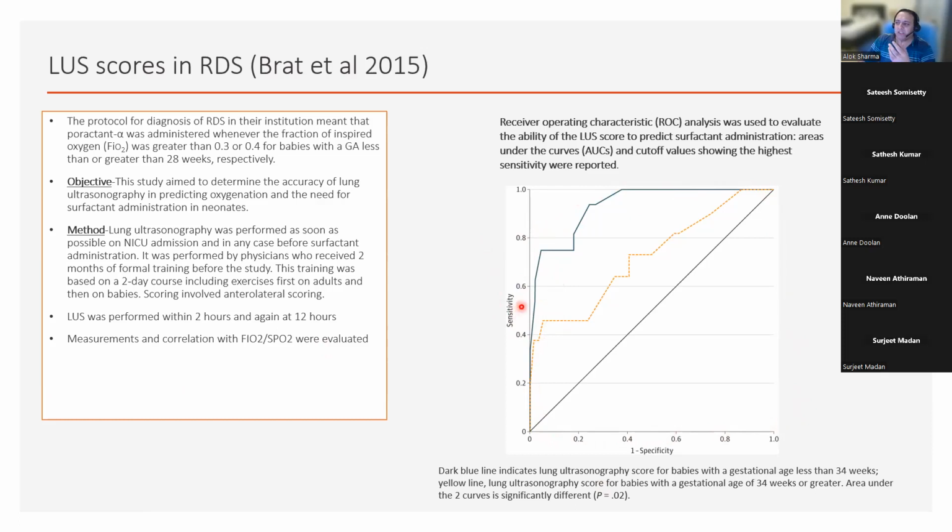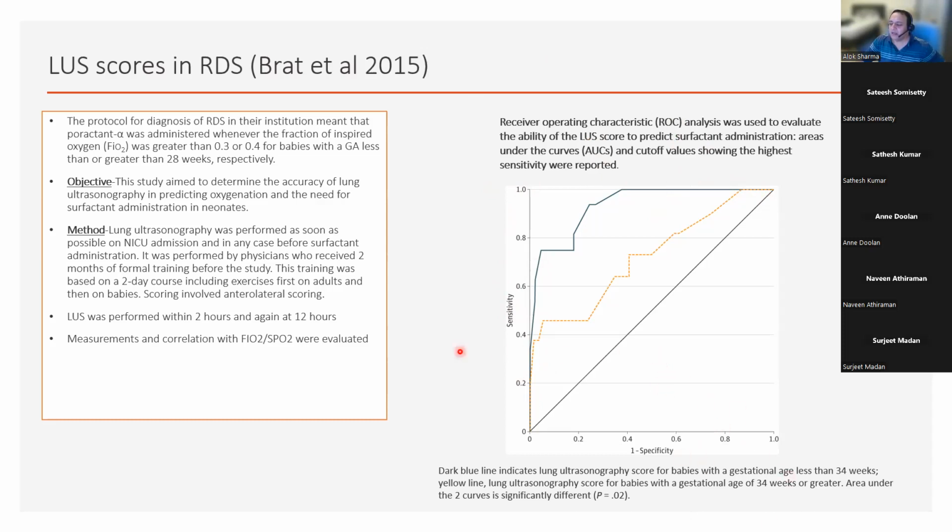But once we diagnose it, we will have a sensitivity and specificity where lung ultrasound is diagnosing RDS based on a score versus the clinician diagnosing RDS and giving surfactant. When you plot it under an ROC analysis curve, it helps you work out that sensitivity and specificity.